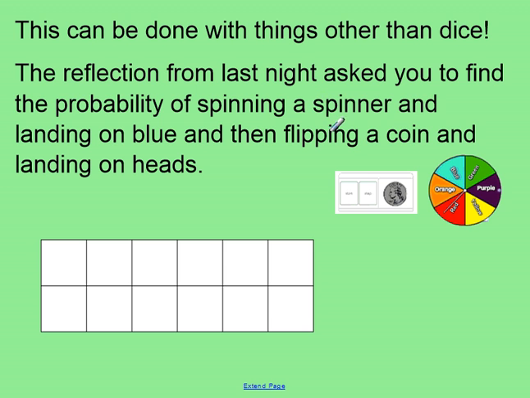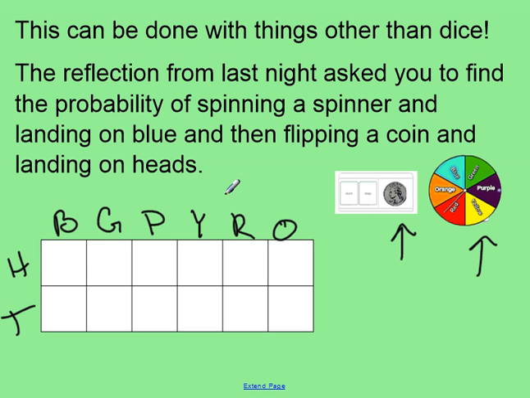Remember the reflection from last night where you had a spinner that you spun and then a coin that you flipped? You could use a table to do that as well. I'm going to put the colors of the spinner on top. We have blue, green, purple, yellow, red, orange, and then I have heads or tails on the coin. So inside these boxes, inside the table, I'm going to be filling in the different possible outcomes.